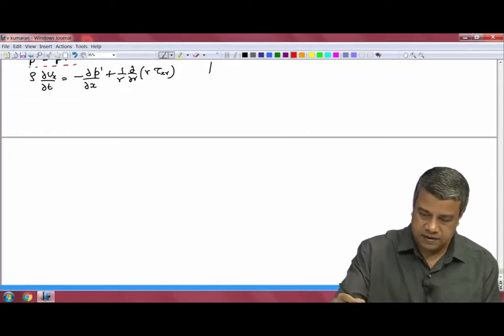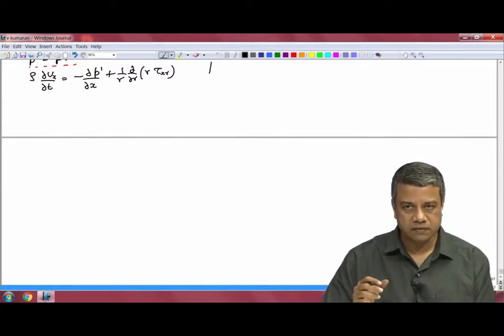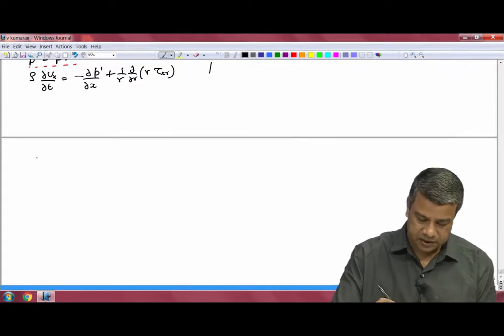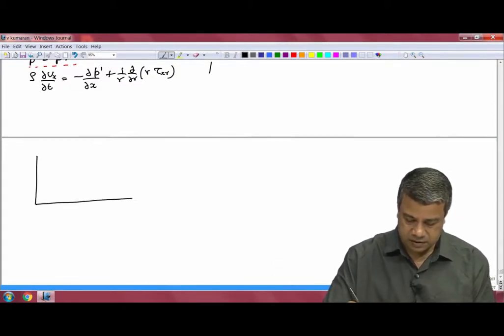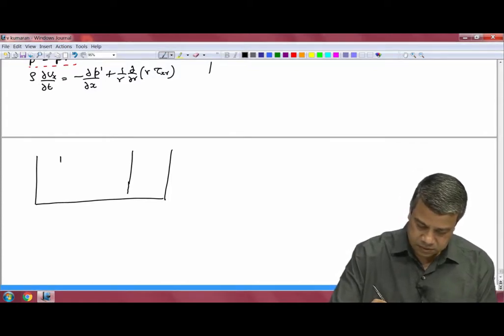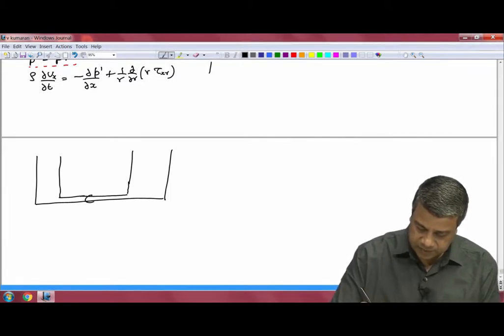So, let us solve an example, in order to find out how to use this friction factor correlation for actually finding out the change in height of a column of fluid, for example. So, I have two tanks, with a pipe connecting the two.